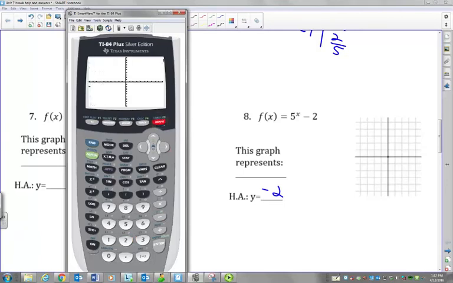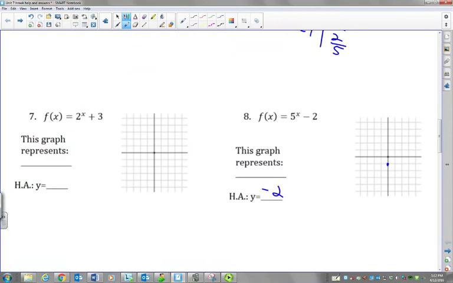So that's going to shift it down 2. It takes 5 to the x and it shifts it down 2. And so that means it has a horizontal asymptote. I mean, not a horizontal asymptote, a vertical asymptote. No horizontal asymptote. But let's not talk about that. I was talking about where it crosses. So on the y-axis, the y-intercept is at 0, -1.